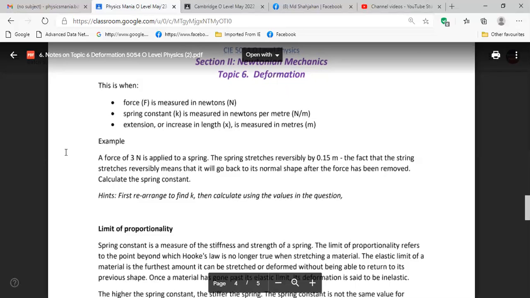Okay, I think it's 20. Yes, what is the answer? I think it's 20. 20 Newton. 20 Newton per meter, right? The unit you'll also write. Newton per meter.